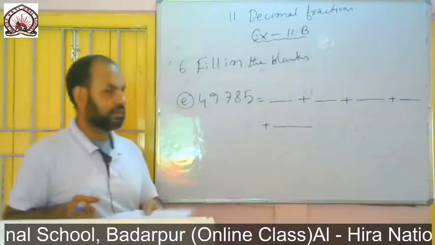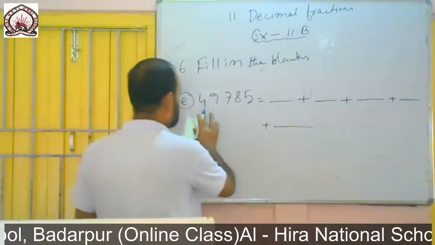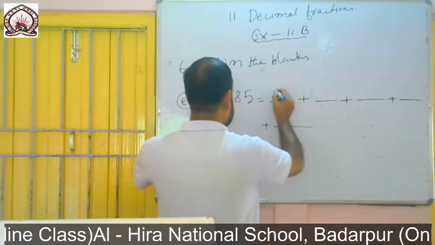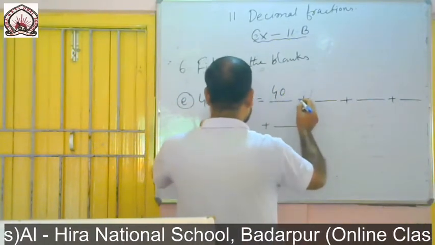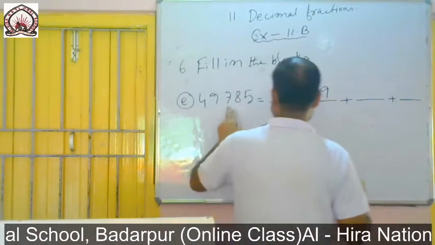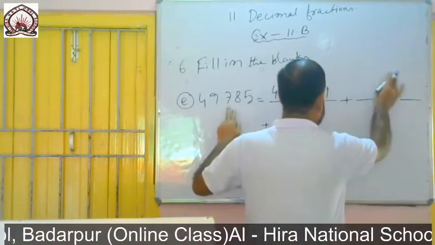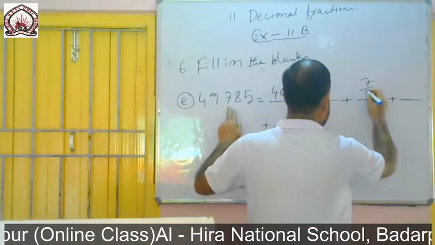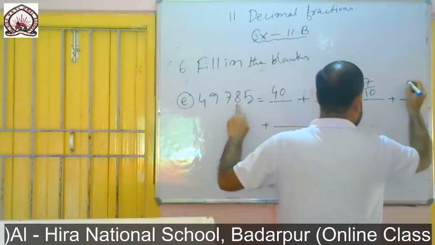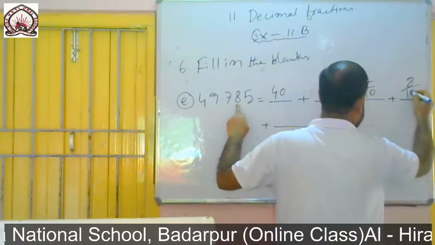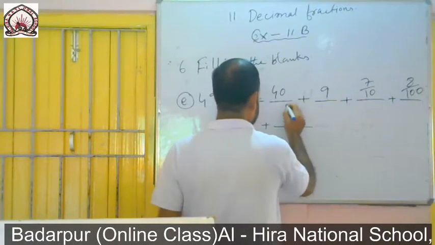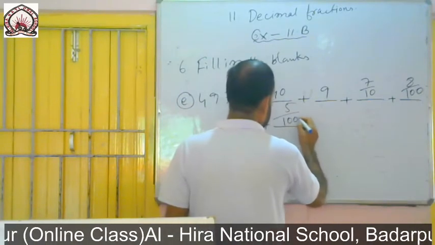So now here, the place value of 4 is in the tens place, so 4 tens are 40, 9 is in the 1s place, 9 ones is 9, 7 is in the tenths place, that means 7 by 10, 8 is in the hundredths place, so 8 by 100, and 5 is in the thousandths place, so 5 by 1000.